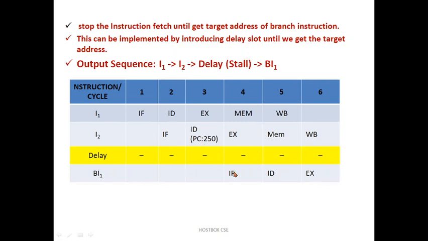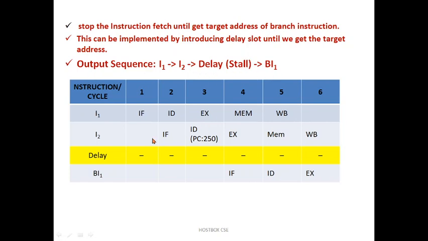Then, while I2 is in the execution stage, it takes the branch instruction and starts the fetch, decode and execution again and continues the pipelining. So the output is now I1, I2, delay stall, BA1.